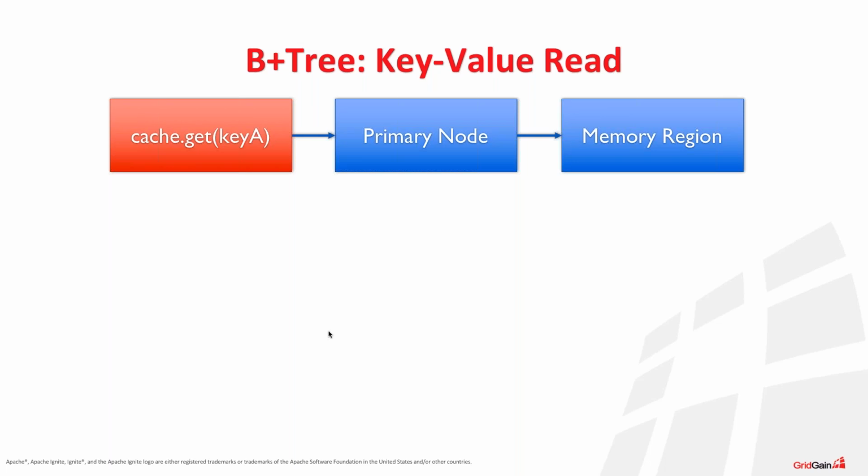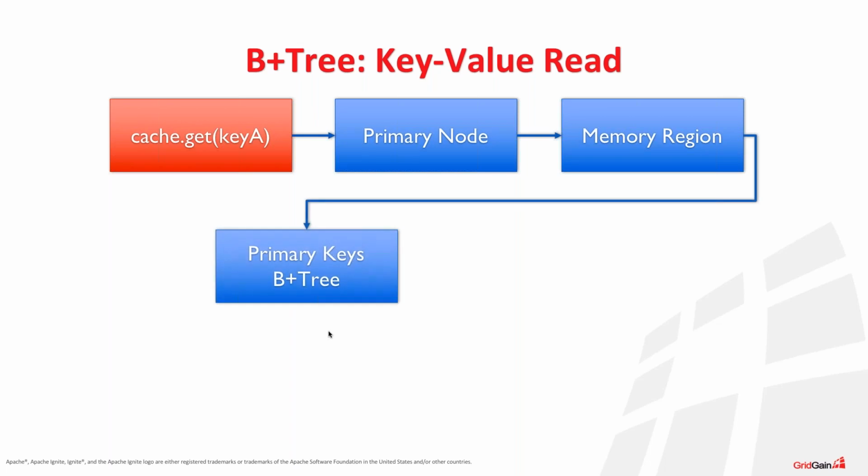Next, we will find out the memory region for our cache. Once this happens, we need to find the B+Tree data structure that sorts and links all the primary keys, and our key A will be a part of this B+Tree data structure.